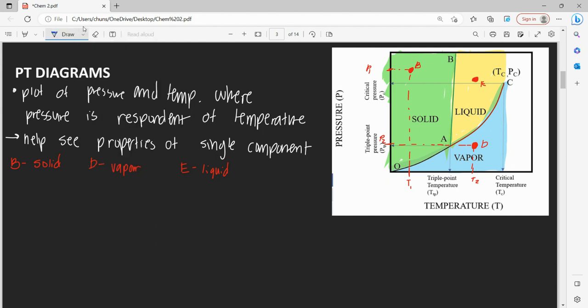So what if we had points that lied in between two regions? So if they were on the line. So let's call this point 1. Because it's in between solid and vapor on the line, we are going to see both of those states present, solid and vapor.